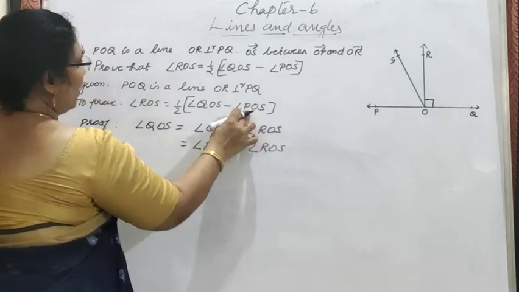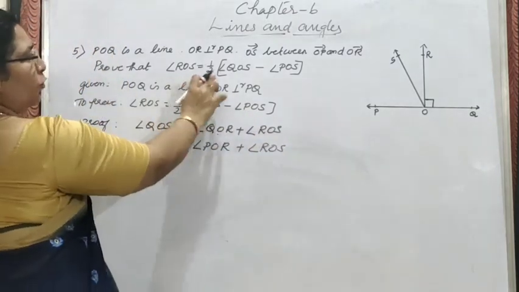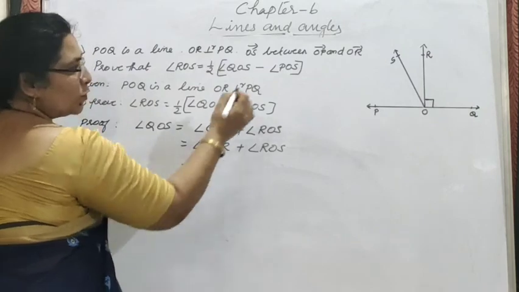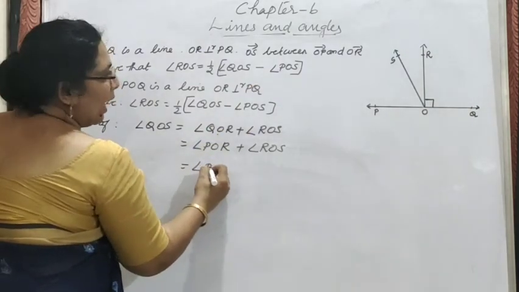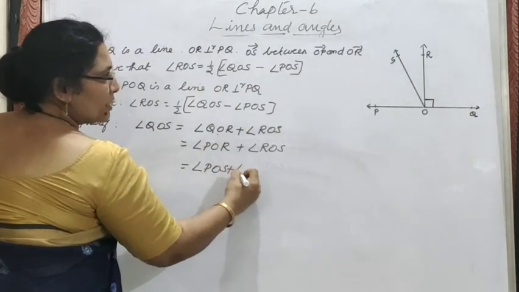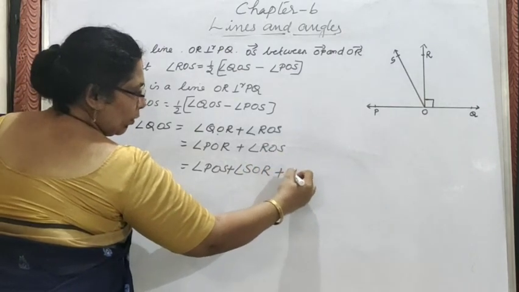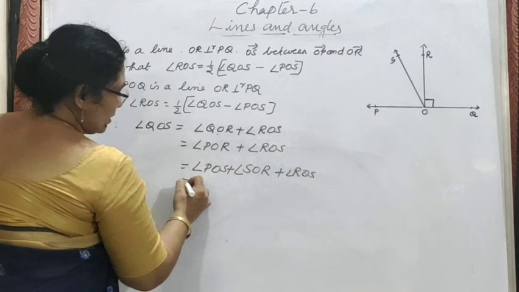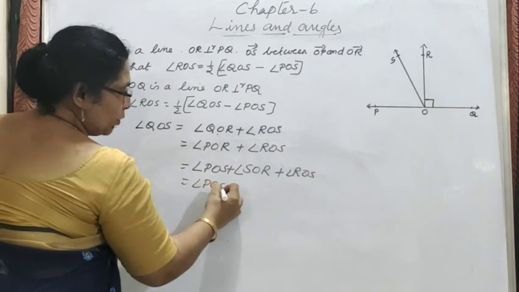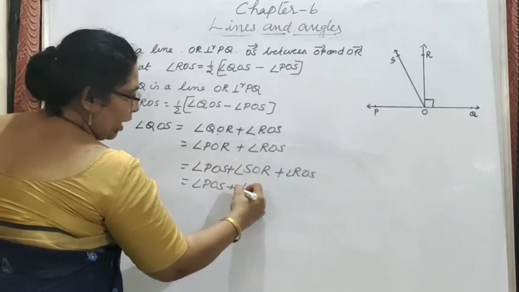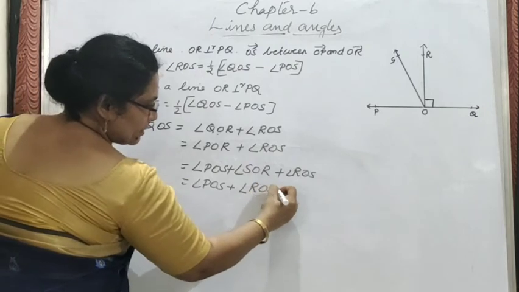POR is not required in the result, in the proof part. So POR, if you see the figure, you can write angle POS plus angle SOR. Here it is the same angle ROS. Now in the next line I'll write POS as it is, POS only. SOR I'll write ROS.